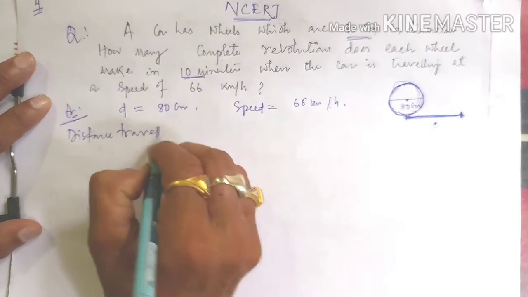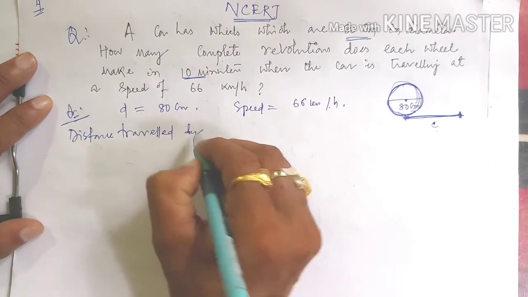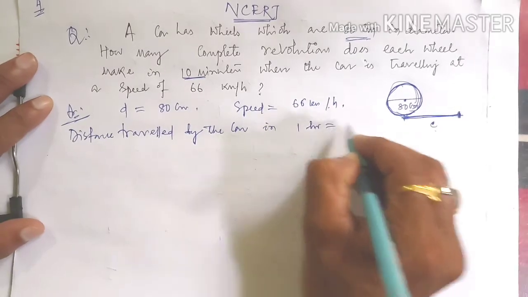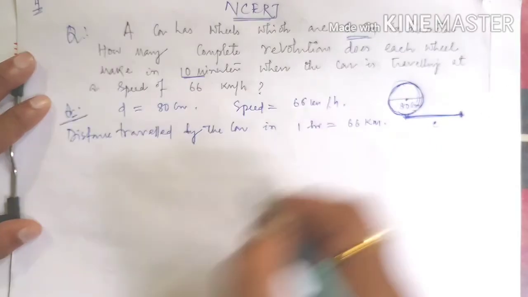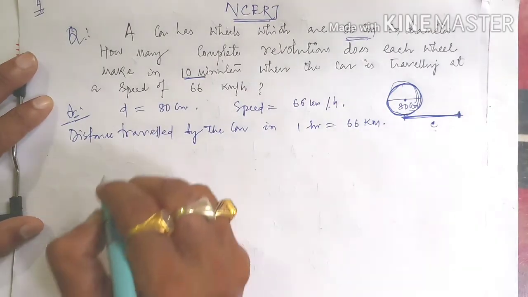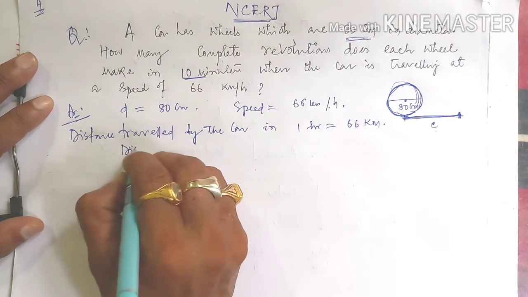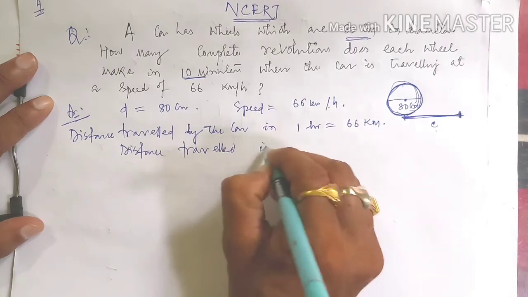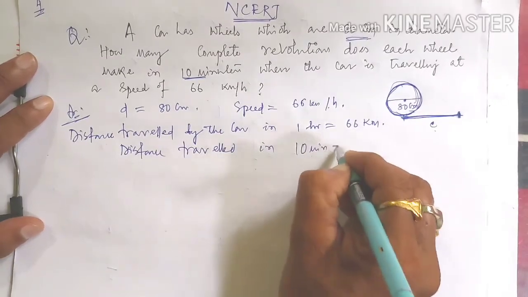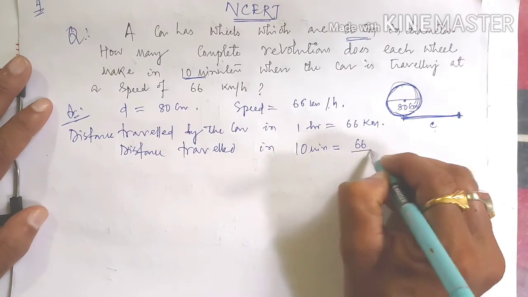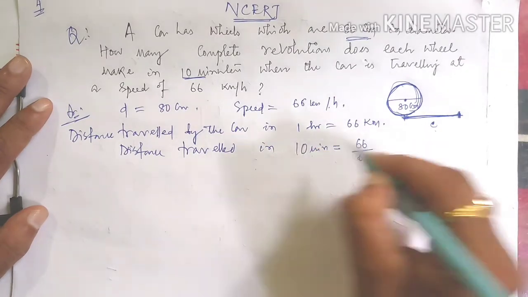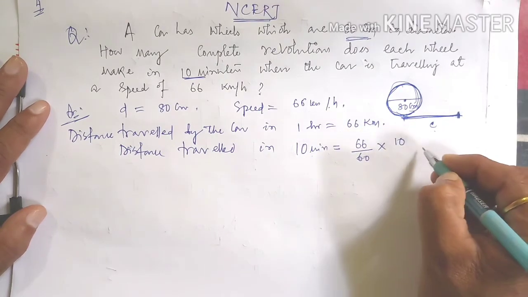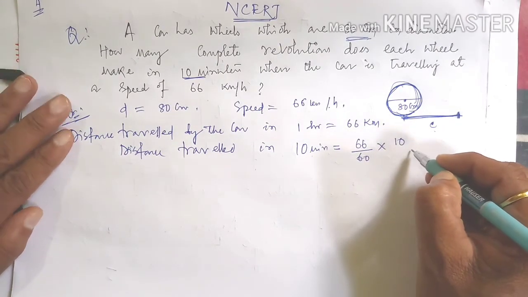So I can write here, distance travelled by the car in 1 hour is 66 kilometer. Now distance travelled in 10 minutes equals 66 by 60, because 1 hour is 60 minutes, into 10.